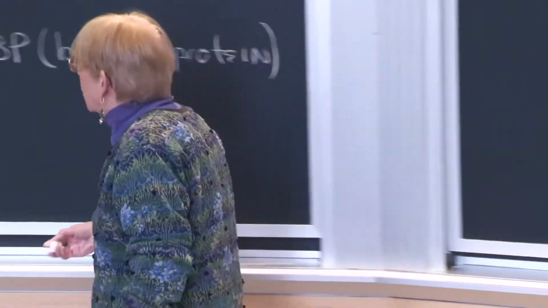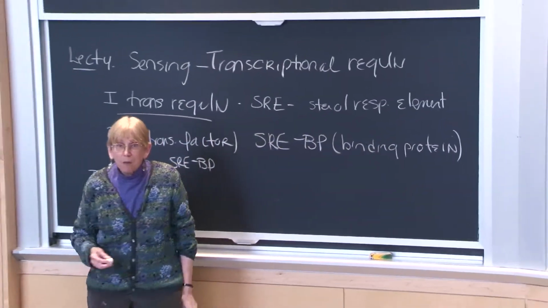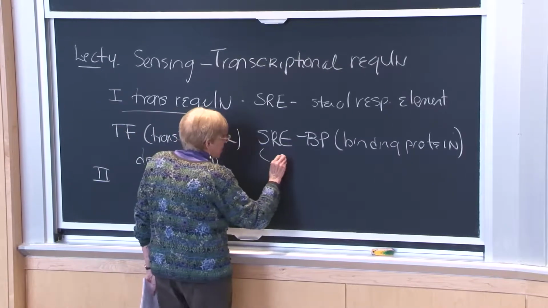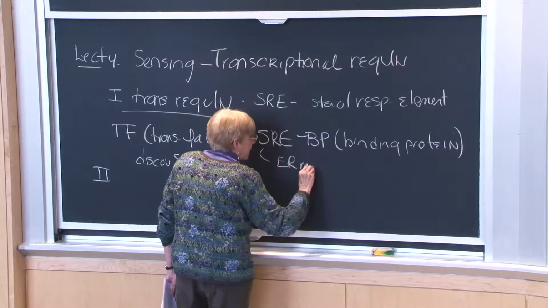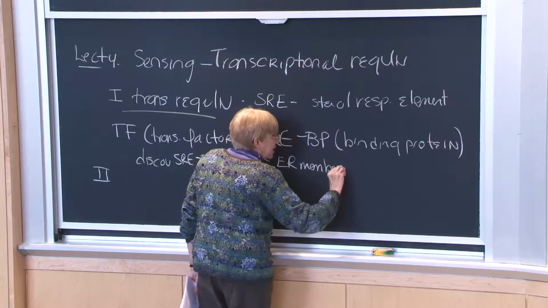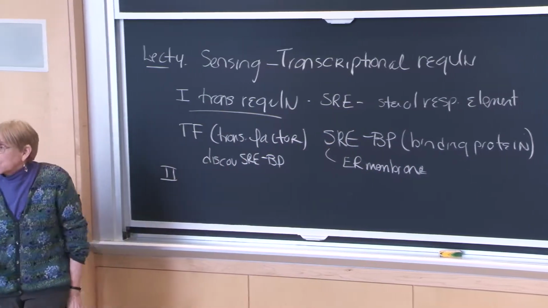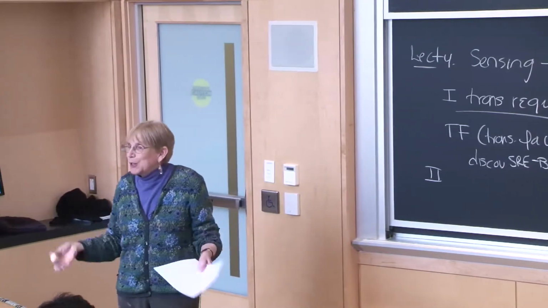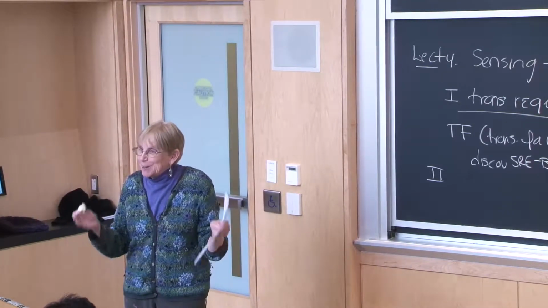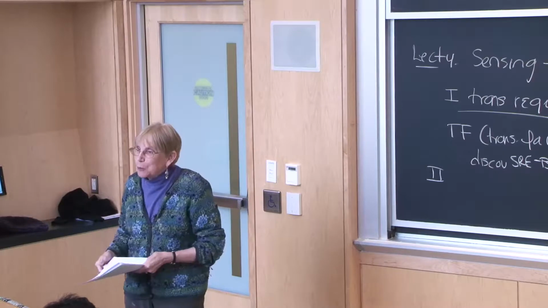Okay, so this was a major discovery. So this protein is located in the ER membrane. They didn't know it at the time, but now you're faced with the issue that transcription factors do work in the nucleus. So somehow we have to get it from the ER membrane into the nucleus.